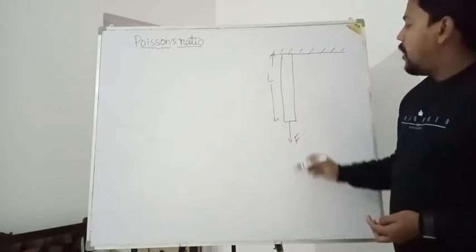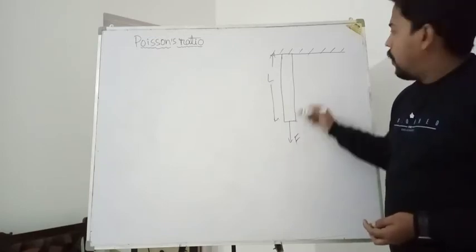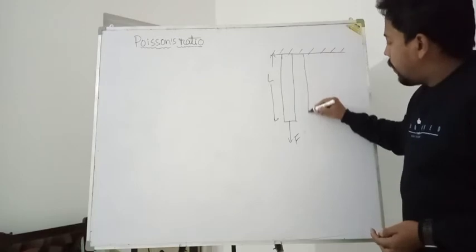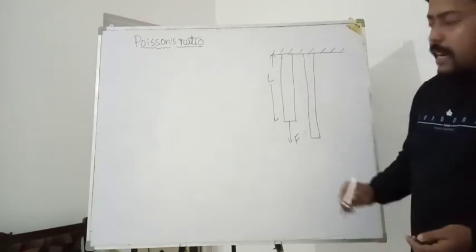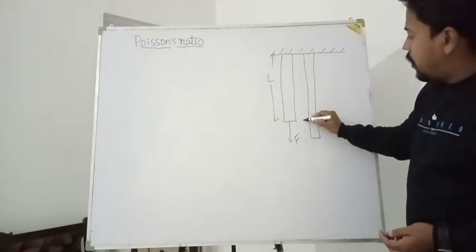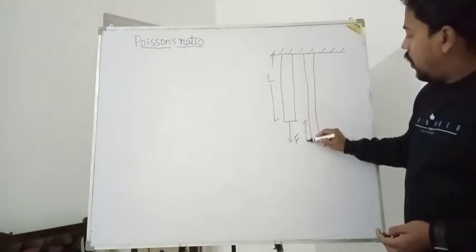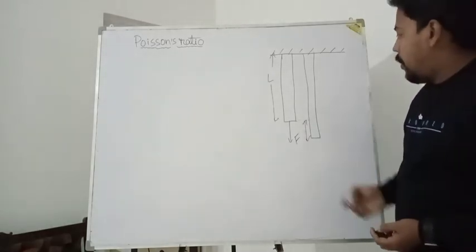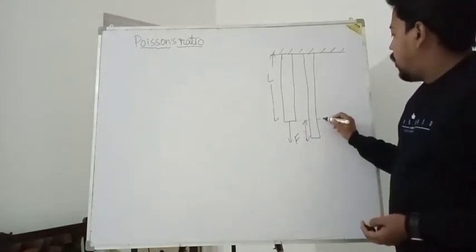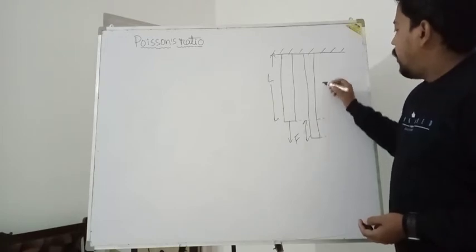So what will happen just by the application of this force? The wire will get some elongation like that. That means the length of that wire has been increased now. The length of that wire has been increased by some amount, and I don't know what the amount is.